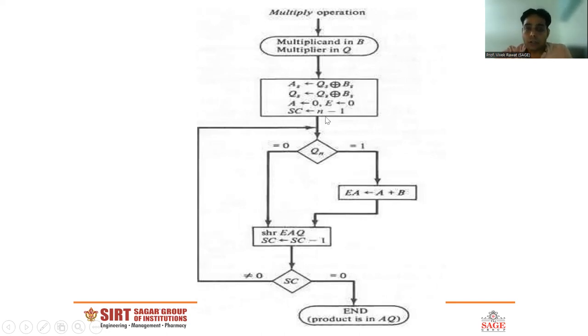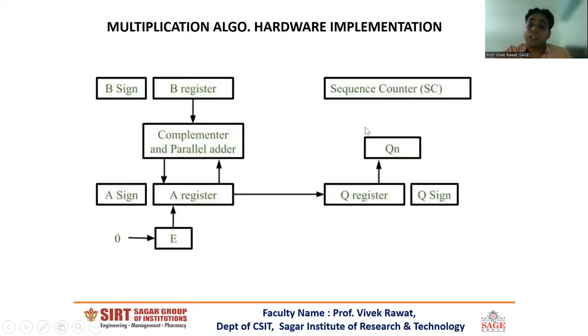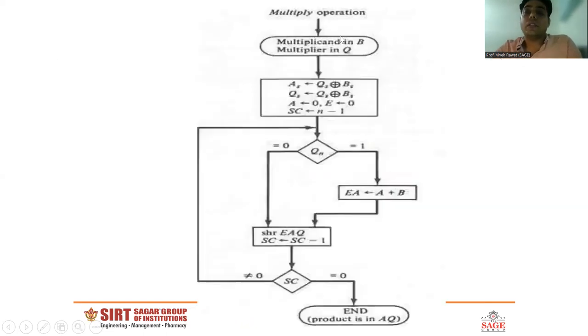In this process box, we pass the whole process to this diamond decision box. In this diamond decision box, you can see the Qn value. What is Qn here? Qn is called the least significant bit of the Q register number. What is the meaning of least significant bit here? In this diagram, you can see the Q. Q is the multiplier.